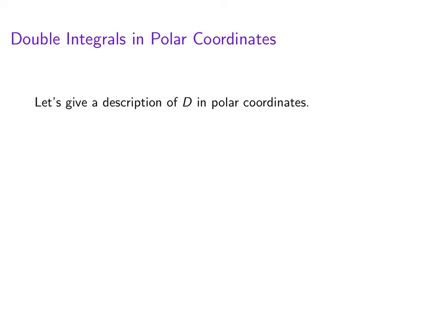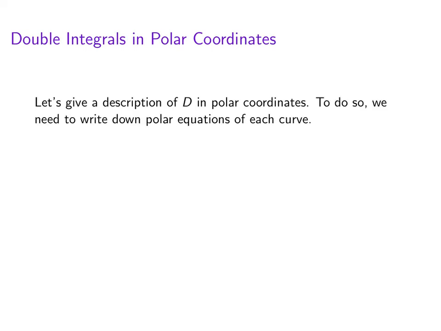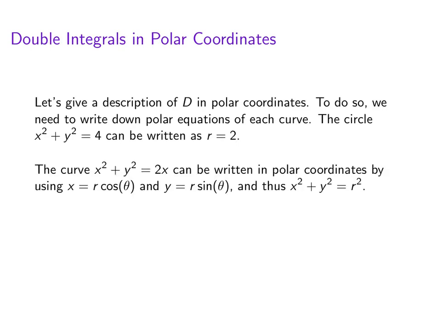Let's try to describe this region in polar coordinates. Let's write down polar equations of each curve. The circle is very easily written in polar coordinates. That's just r equals 2. Now the other curve can be written in polar coordinates by replacing the x's and y's with r cosine theta and r sine theta, respectively.